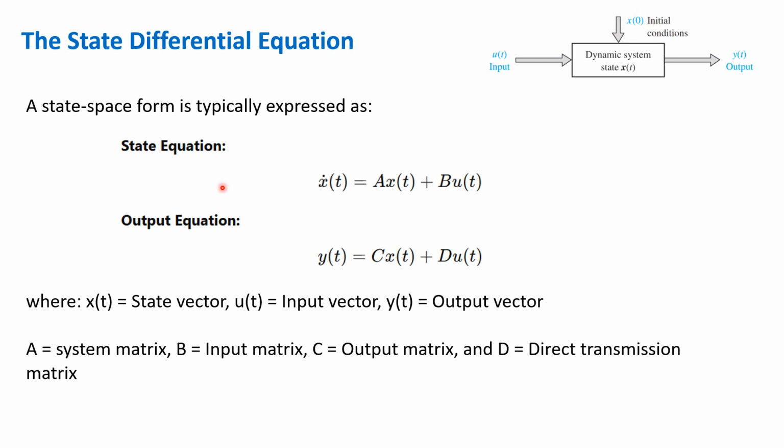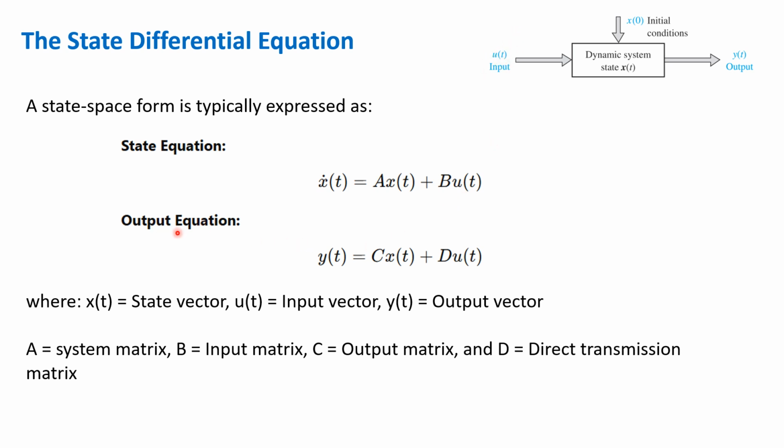So a state space form is typically represented by two things. One is what's known as the state equation, shown here. So x dot of t, that's a first order equation, equals A, a matrix known as the system matrix, times x, our state vector, that describes our system. B is our input matrix, and that's multiplied by our input vector.